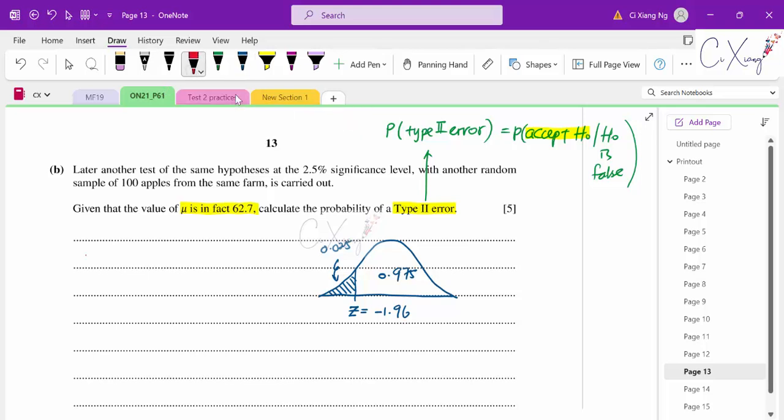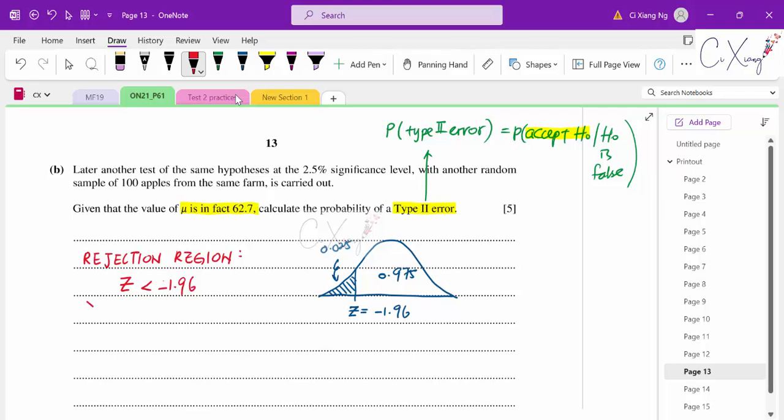Okay, so from here, I will write out first. Try to imagine, if I want to write out an inequality for the rejection region, how should it look like? It should be Z smaller than negative 1.96. So when your Z is smaller than negative 1.96, we basically reject the null hypothesis. How can you calculate the Z?